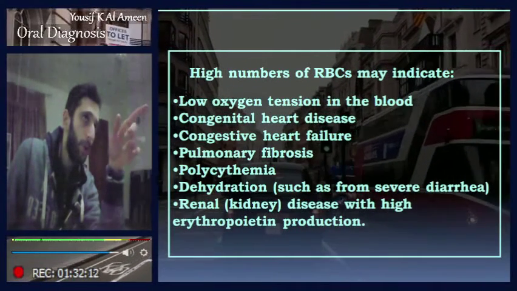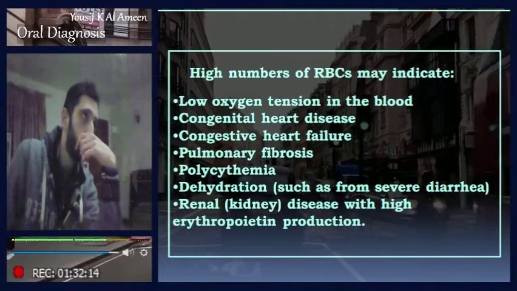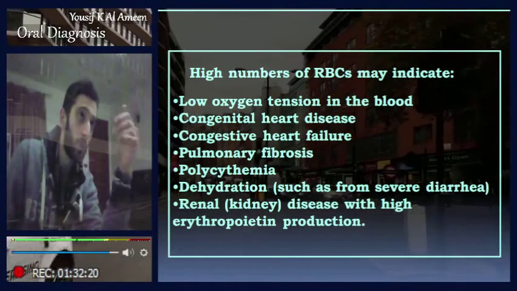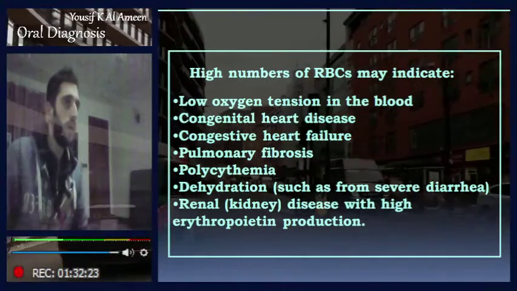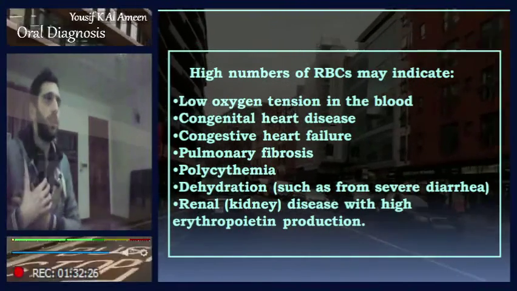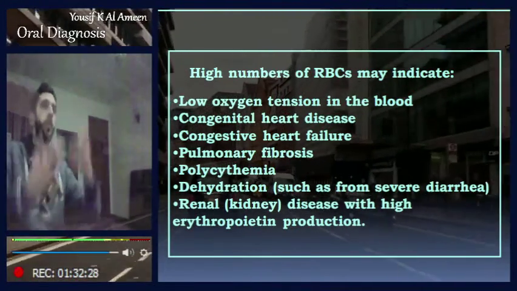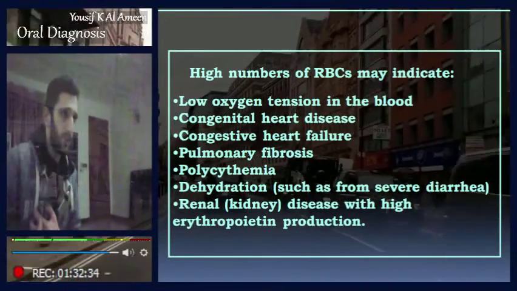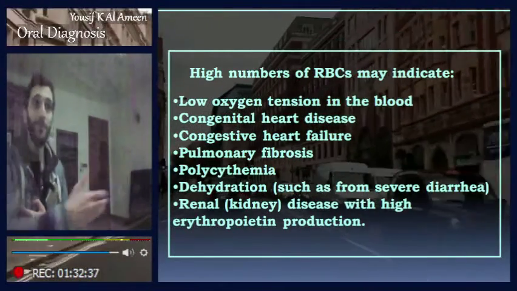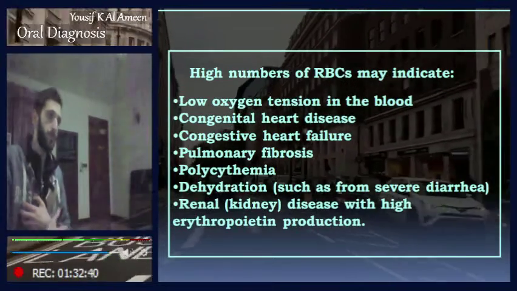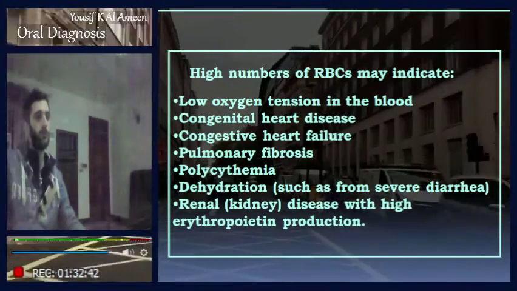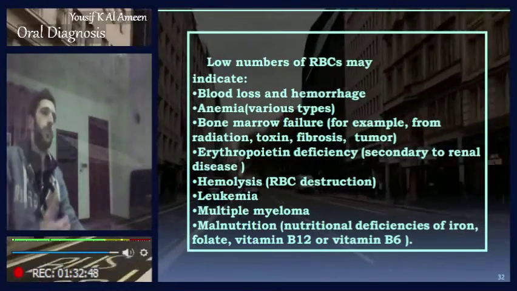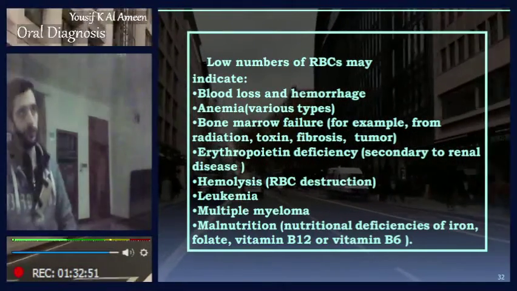Some of these are counterintuitive, like the reduction in oxygen causing a high RBC, heart failure congenital and congestive causing high RBCs, pulmonary fibrosis, dehydration. Even dehydration can cause high RBCs. And renal disease too could elevate the number of red blood cells in the body.